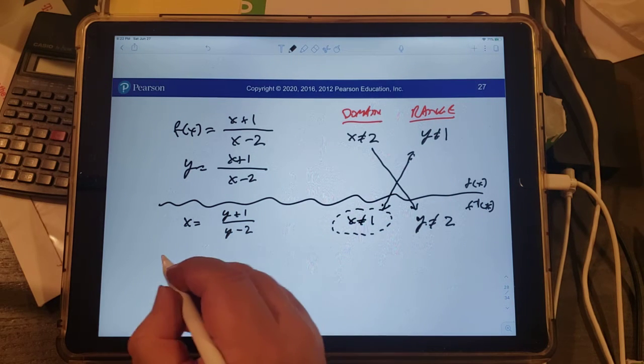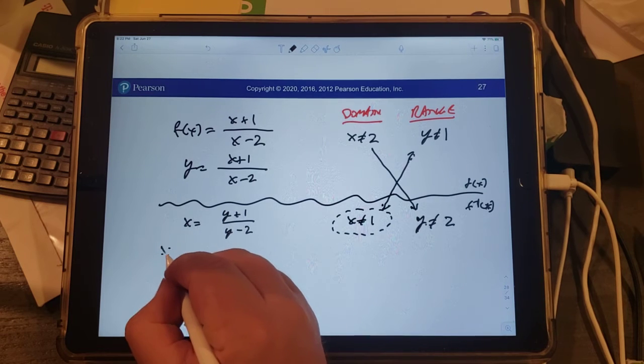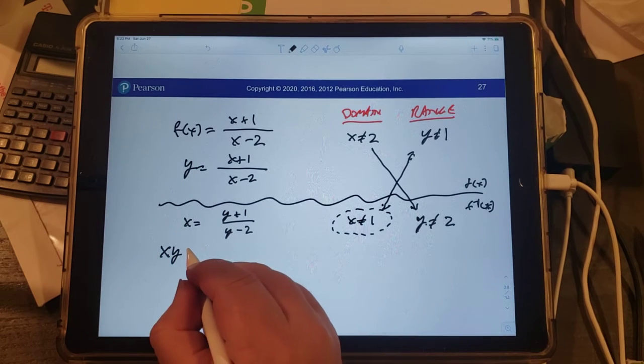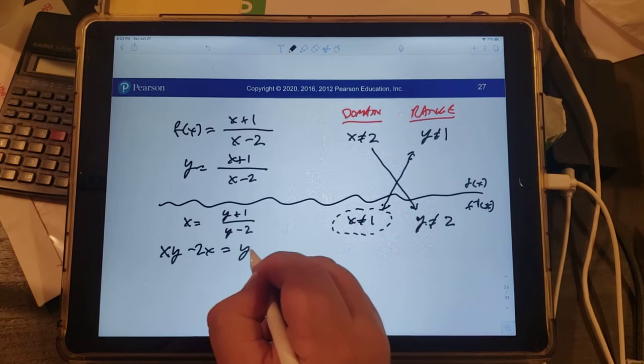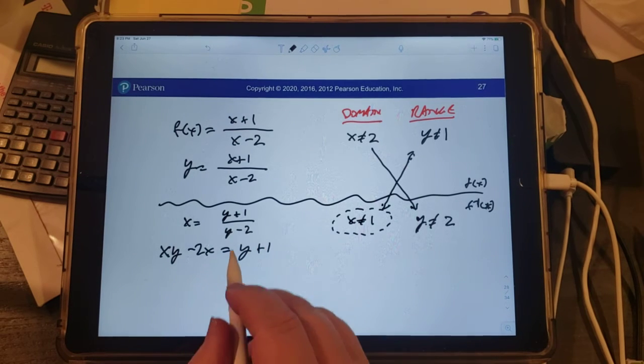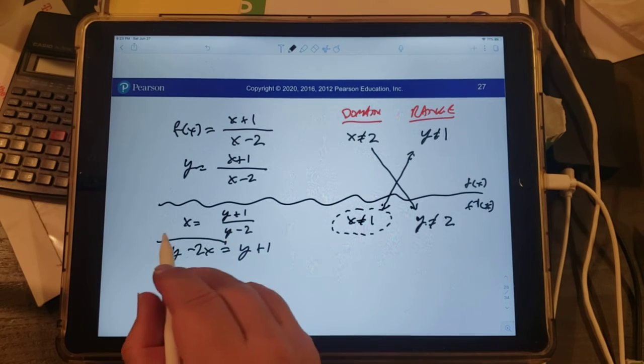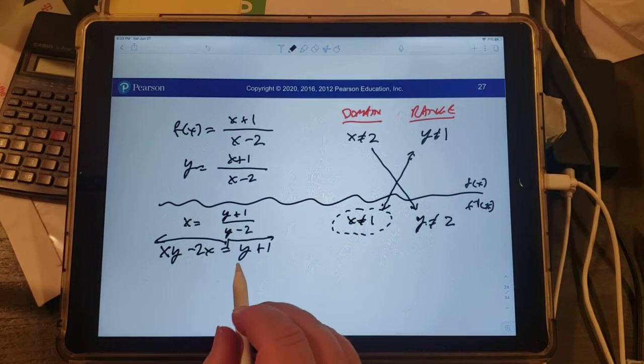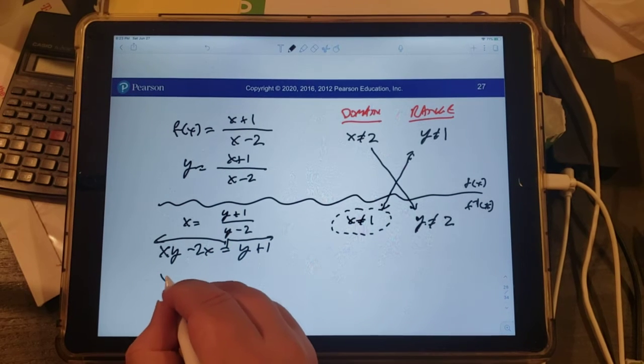All right, I'm going to cross multiply. I'll get xy minus 2x is equal to y plus 1. I want a y side and an x side, so just kind of doing some rearranging.